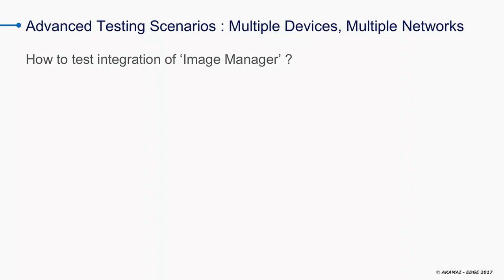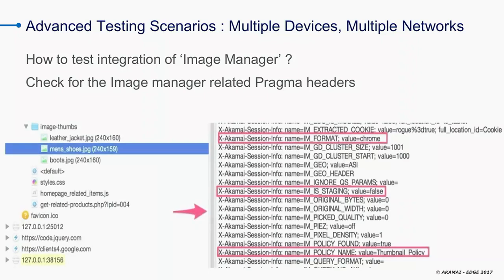For Chrome, we have a plugin called PIEZ. With that, you can test the web application to see if the image manager is working fine. But for mobile applications, we don't have that. We have to check the Pragma response headers, all the IM underscore related headers.